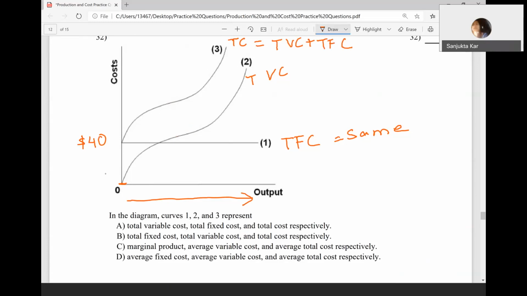When the output is equal to 0, the total cost will be equal to 40. So it's starting from the level of the total fixed cost. All right, curves 1, 2, and 3 represent the total fixed cost, total variable cost, and the total cost respectively.